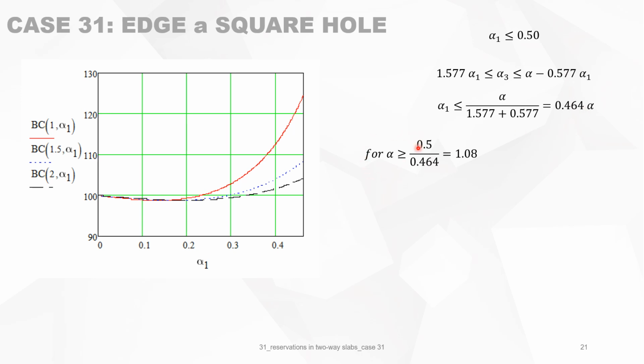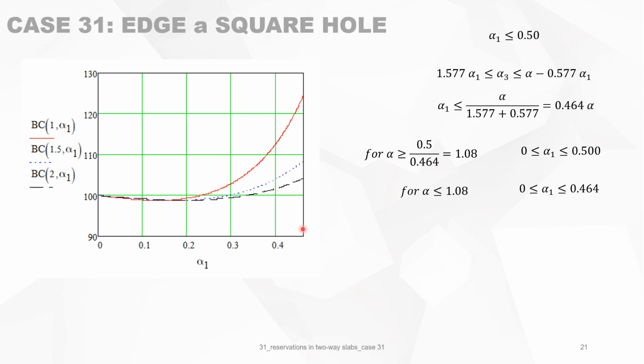So on the limit for alpha bigger than 0.5, 0.5 divided by 0.464 is 1.08. So for alpha bigger than 1.08, this condition is the most important one. And for alpha smaller than 1.08, this condition is the most strict one. So it means that this graph is made for alpha up till 1.5.